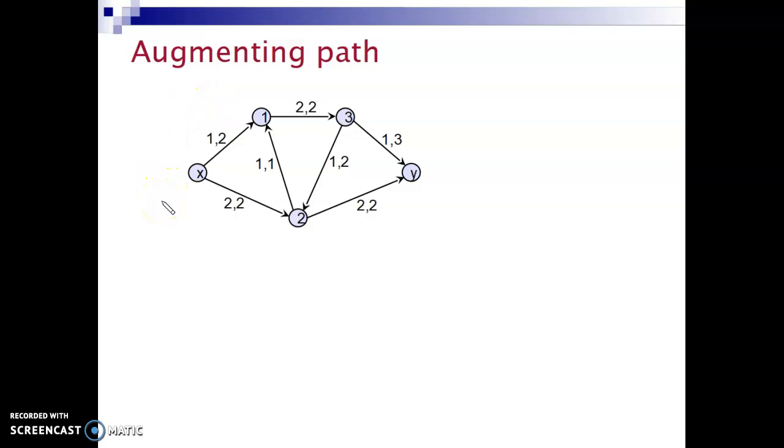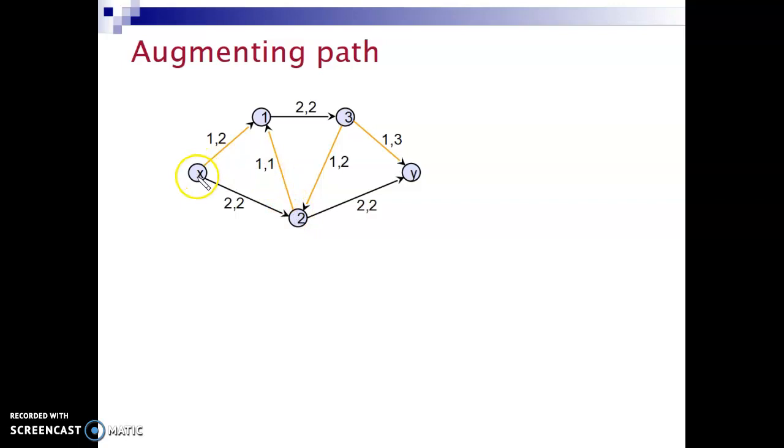So here is our same example. And here is an example path: X, 1, 2, 3, Y. Now on this path you can see that some of the edges are forward edges, like X to 1 is a forward edge. And some of the edges are reverse edges, like 1 to 2.